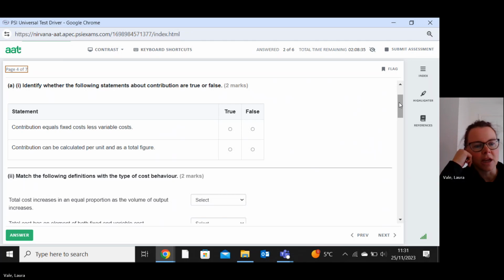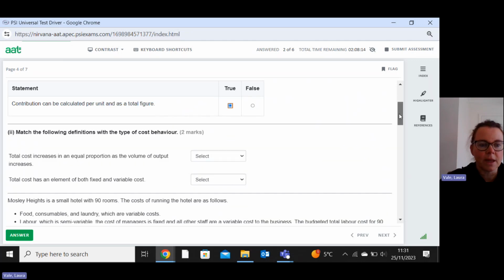No. Contribution is your selling price less your variable costs. So that one is false. Contribution can be calculated per unit and as a total figure. Well, yes, that's certainly true. You can do it either in units or in total.